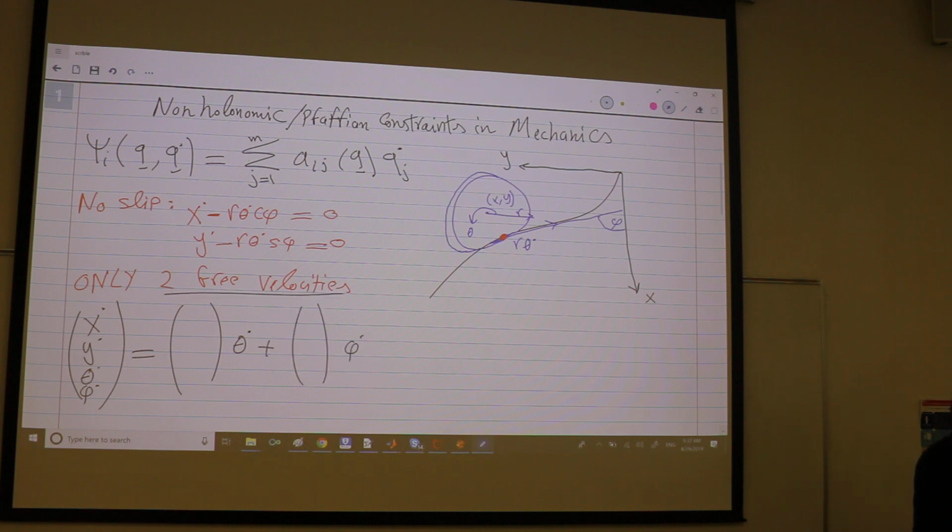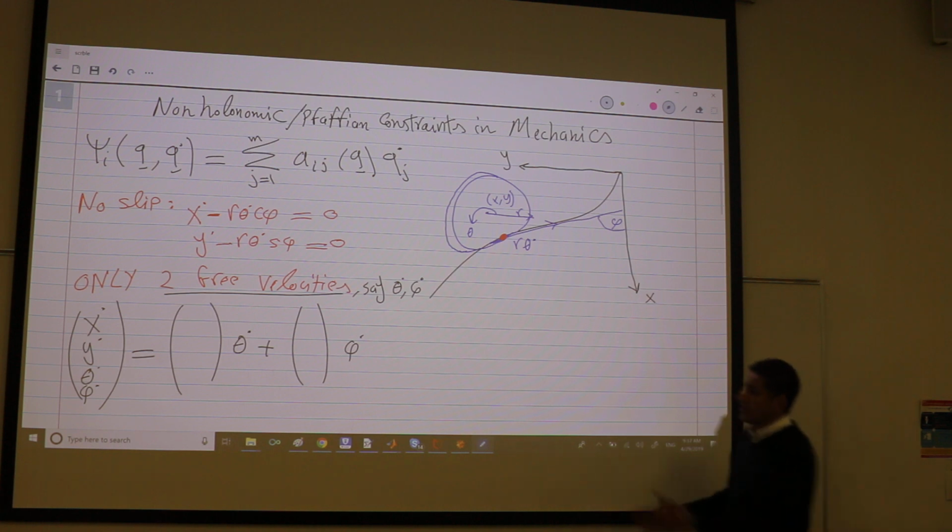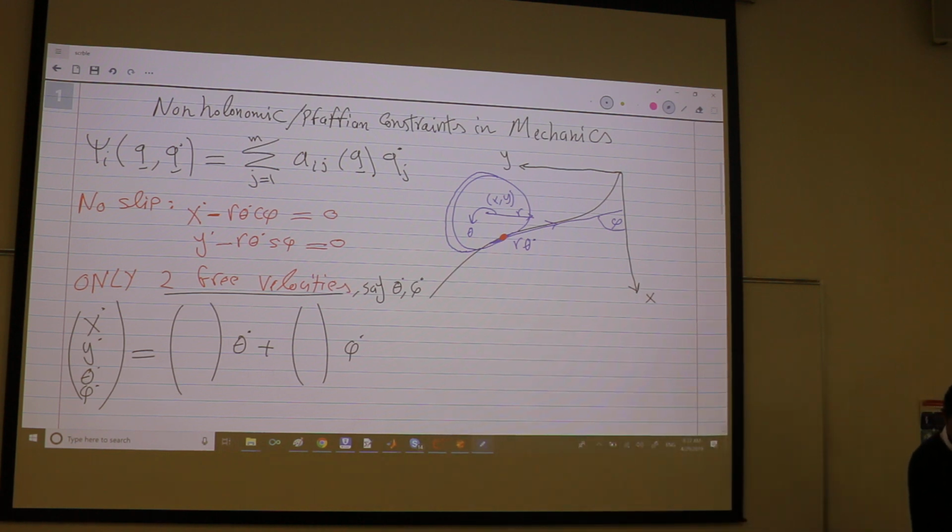Say you choose to represent the free velocities by theta dot and phi dot. You can write the entire thing in terms of theta dot and phi dot, and simply fill these in. So x dot is r cosine phi times theta dot, 0 over there. Same here, r sine phi and 0 over there. Theta dot is simply 1 times theta dot and 0 here. And phi dot is the other way around.